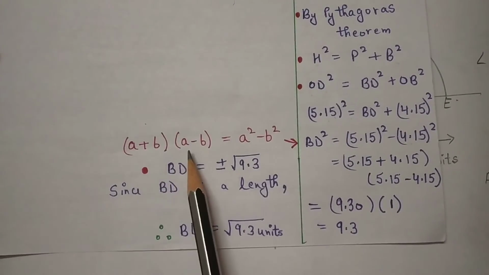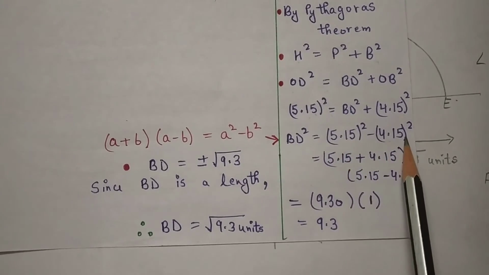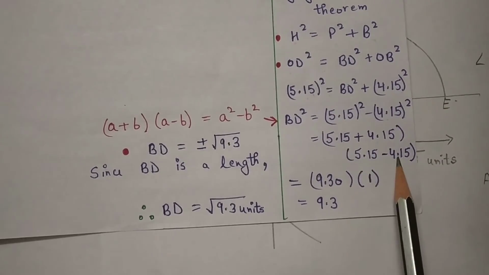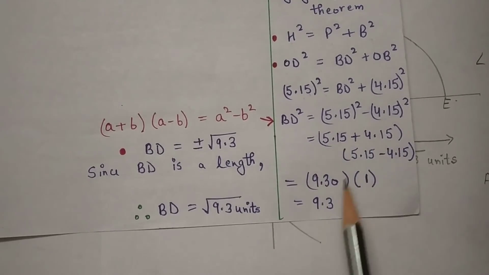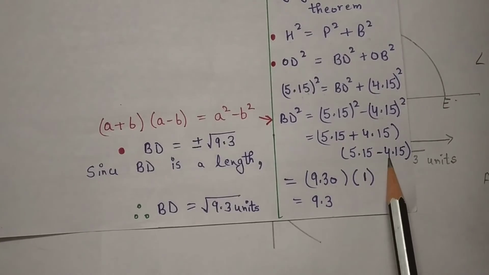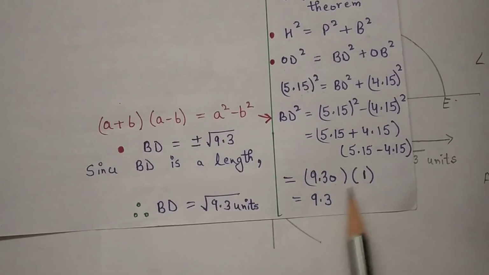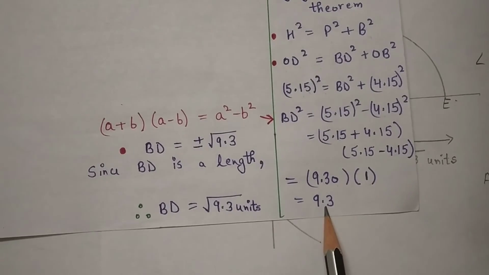This has a formula: (A plus B)(A minus B) is equal to A square minus B square. So A square minus B square can be written as (A plus B) and (A minus B). Solving, adding 5.15 plus 4.15, it is 9.30, and subtracting 5.15 minus 4.15, it is 1. Multiplying these, I have got 9.3. BD square is equal to 9.3.